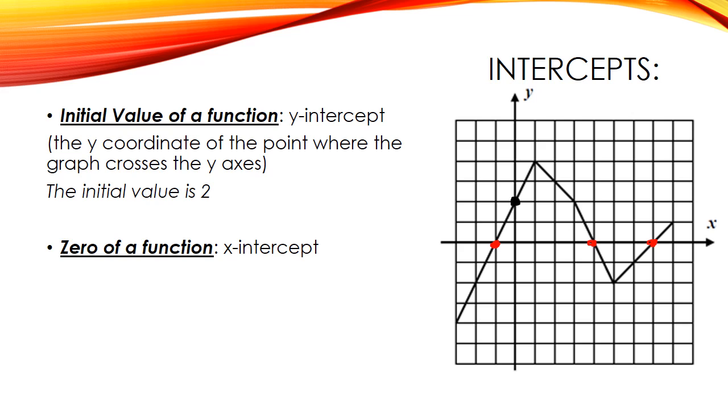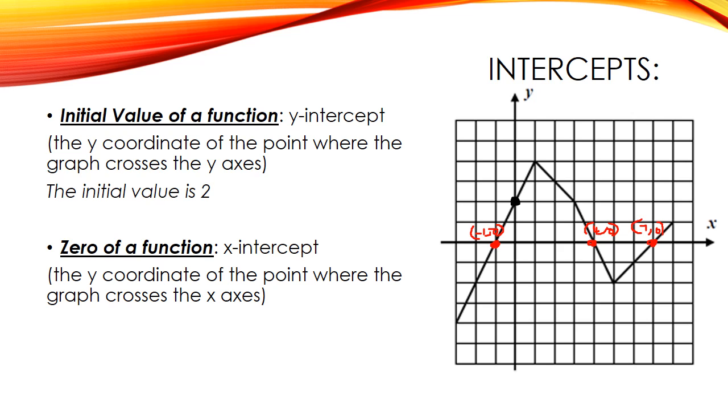This point is (-1, 0). This point is (4, 0). And this point is (7, 0). Which means that the zeros for this function or this graph are -1, 4, and 7.